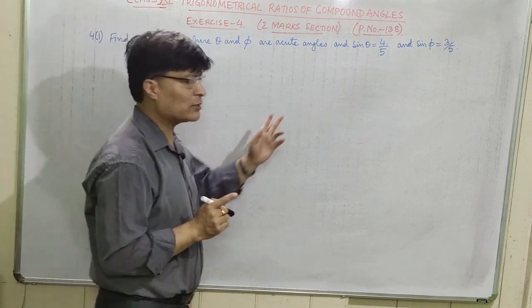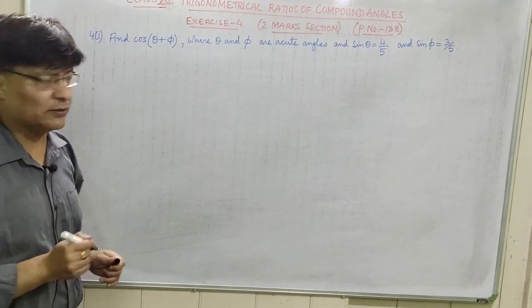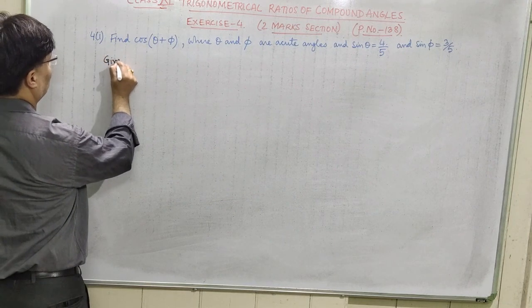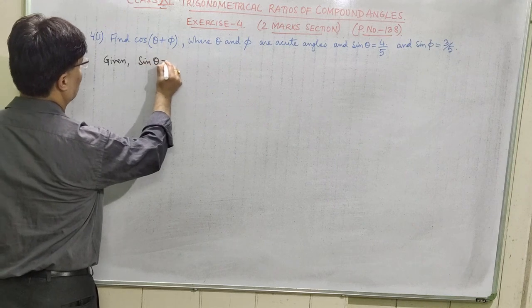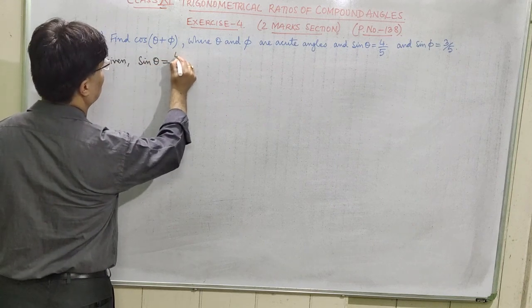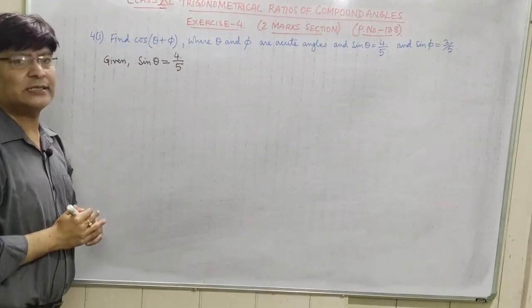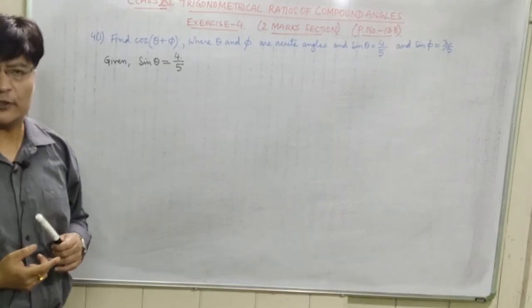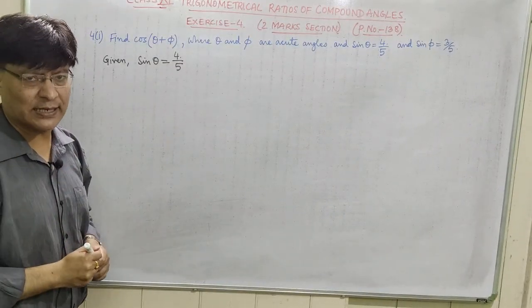So let us calculate cos theta from the value of sin theta given. Okay. So here given is sin theta is equal to 4 upon 5. Since sin theta is positive in the first quadrant, cos theta is also positive in the first quadrant. So you have to get the value for cos theta in terms of sin theta now.